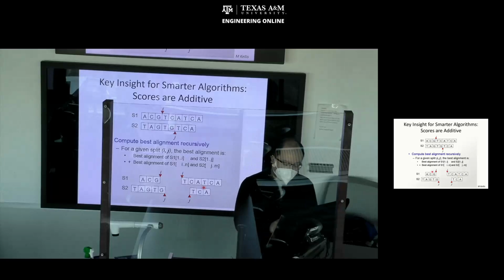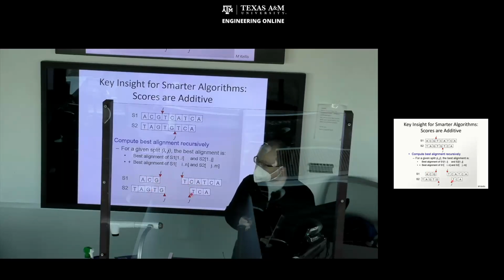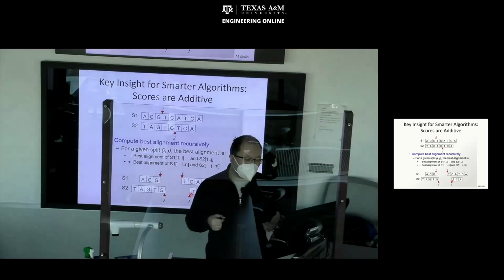because the objective function is additive, okay? When you align these two substrings in this way, if neither of them or one of them is not optimum or maximized, the resulting alignment score for the whole string, being the sum of these two alignments, wouldn't be maximized either, okay? So the score is additive.